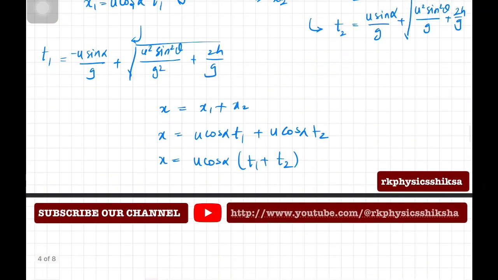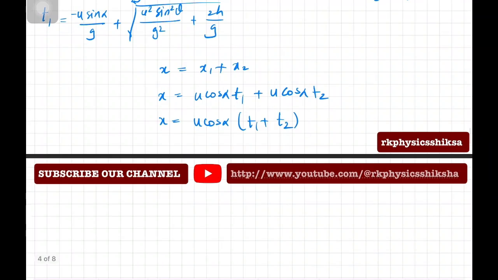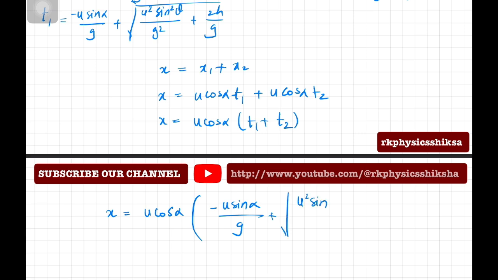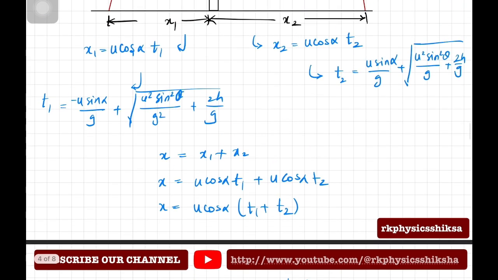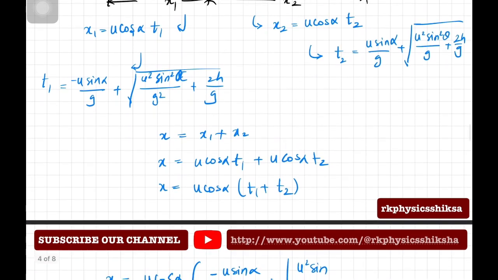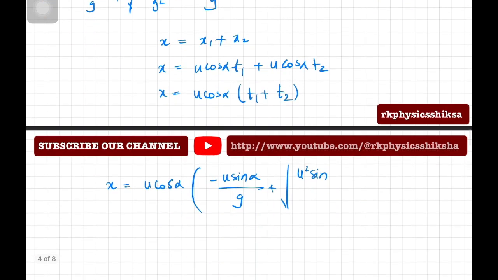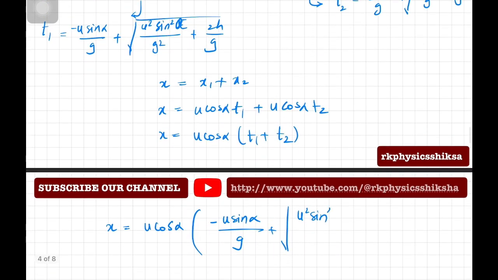So x is equal to u cos alpha into minus u sine alpha divided by g plus root of u square sine square alpha by g square plus 2h by g, sorry, this is alpha, my mistake, this here also is alpha only.